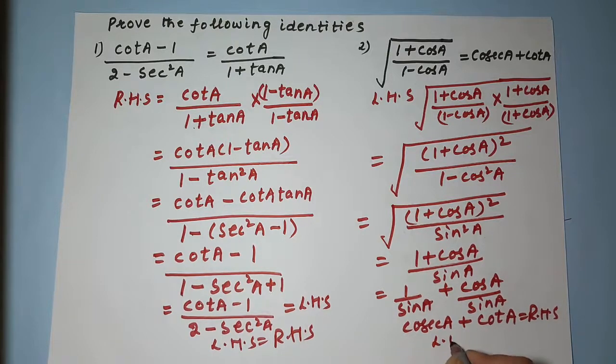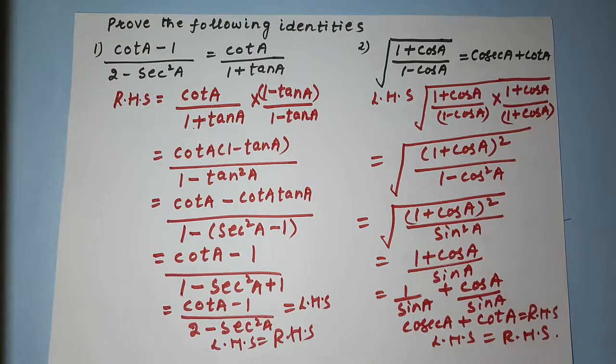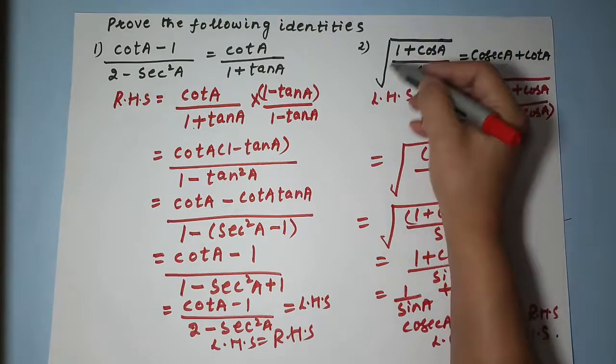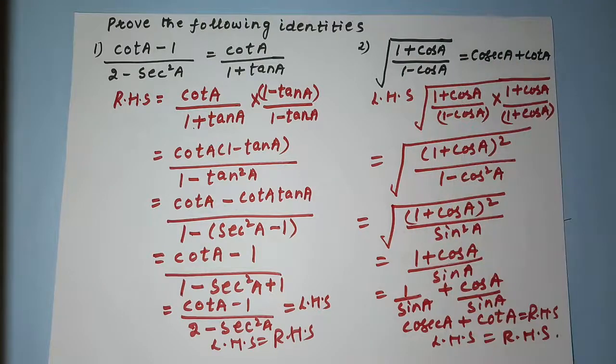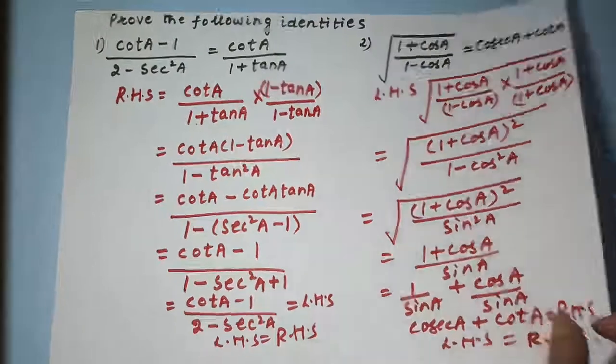So I have proved my left hand side is equal to right hand side. Clear? Whenever you see any identity in the square root, what you have to do is just rationalize.